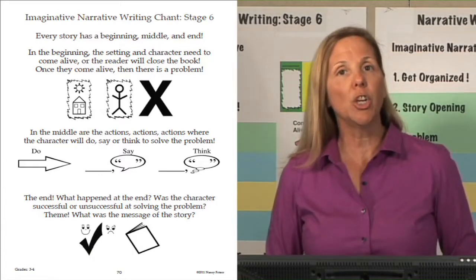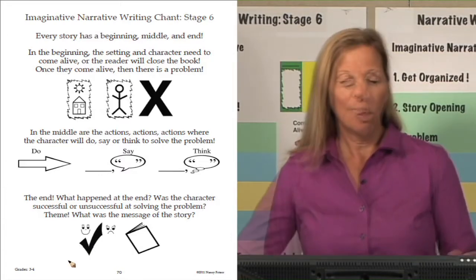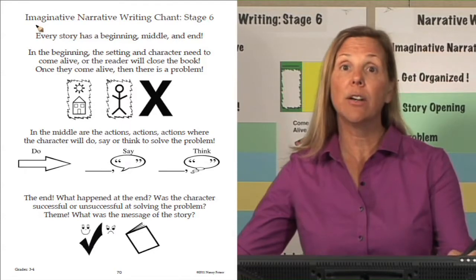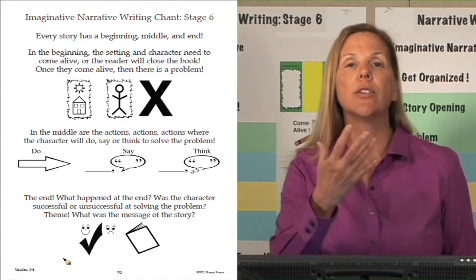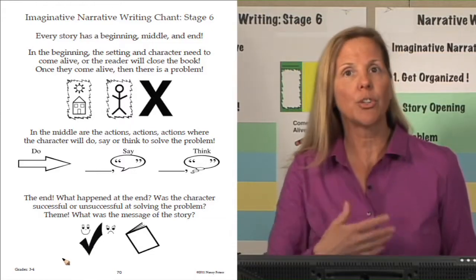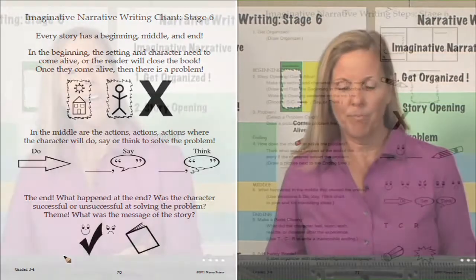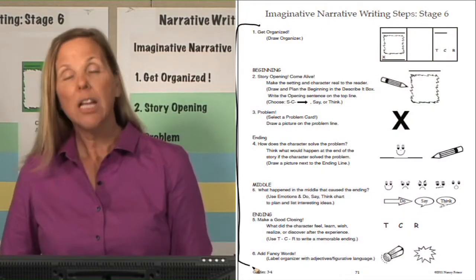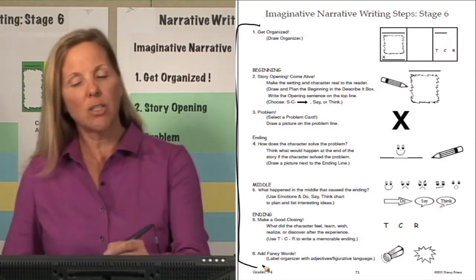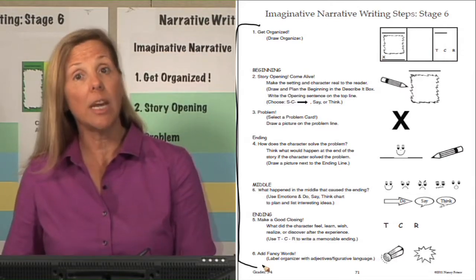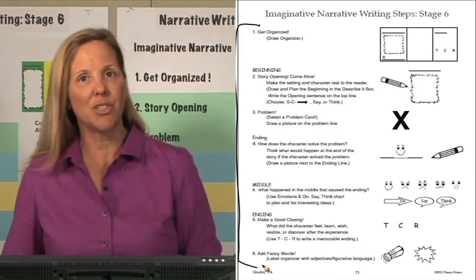What materials will you need for Stage 6? We have our Stage 6 Imaginative Narrative Chant so that your students will be introduced to this stage and understand what they need in order to independently write at this level. On page 71, you will find your at-a-glance teacher sheet, which has all the steps and information you need in order to teach this lesson to the students.